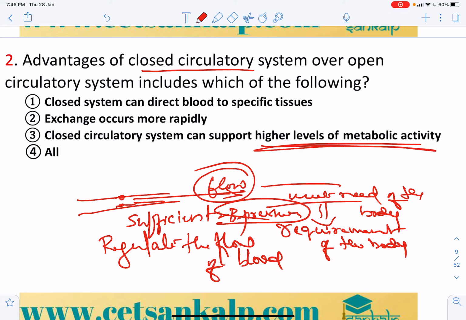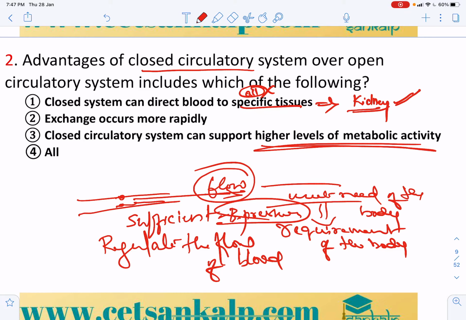Closed system can direct blood to specific tissue. No, it is not to all tissue, it is to specific tissue. I will tell you, like kidney, if it has to receive more blood, it receives more, right? That is not for all the tissue, to a specific tissue it can pump the blood, correct?